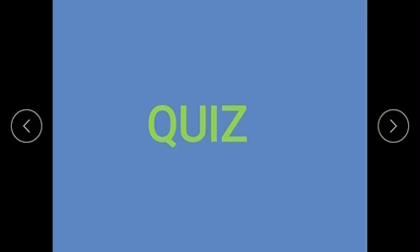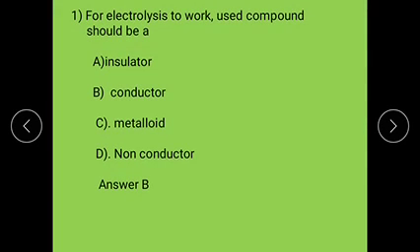Now let us see some quick questions on this. For electrolysis to work, the compound used should be: A. insulator, B. conductor, C. metalloid, D. non-conductor. For the electrolysis process to work, it should be a conductor.